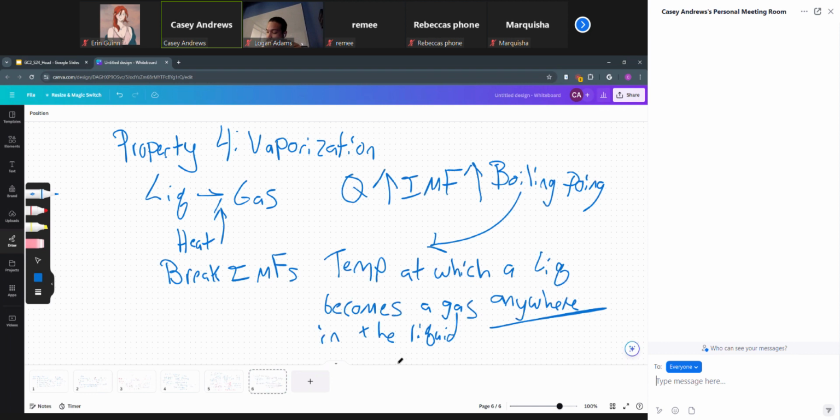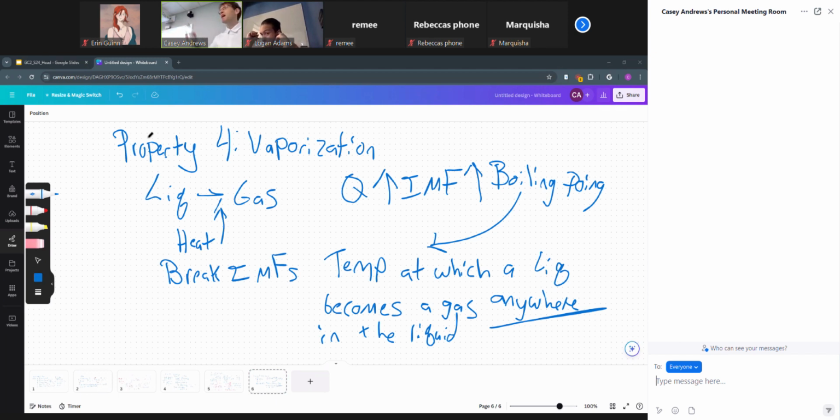Because I forgot my water today, I'm going to be using Dr. Pepper as my example. So let me turn my camera back on because this example does have a prop. So for this bottle of Dr. Pepper, right now, is this vaporizing? And it might surprise you, but yeah, it is.